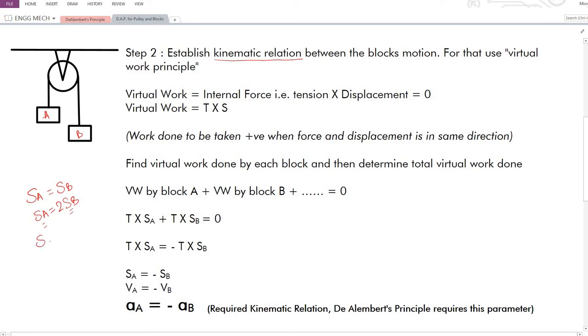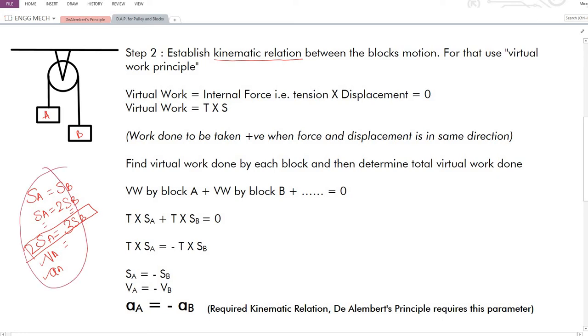Okay, it may be twice SA is equal to thrice SB. Therefore, this is called a kinematic relation. Take any kinematic variable, let's say velocity or acceleration, whatever relation block A's parameter is making, it will have some sort of equation with the motion of block B. Okay, this is called a kinematic relation.